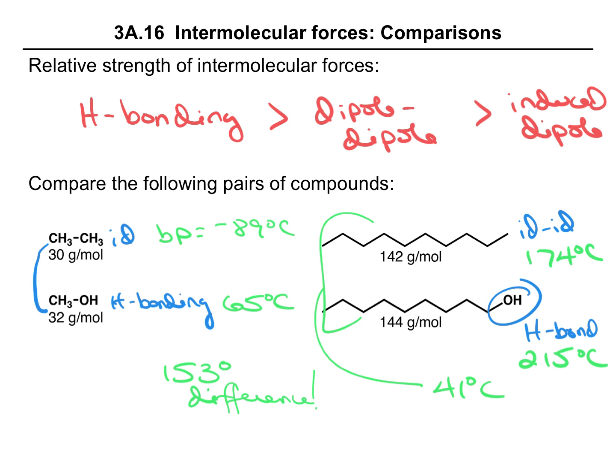If you're making a comparison between two compounds that are both held together by induced dipole interactions, then you want to look at the size. And if that's the same, then you want to look at the surface area. So by taking these into consideration, as well as the size and then surface area, we can make a lot of comparisons and predictions about physical properties.